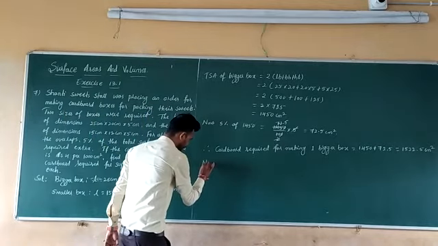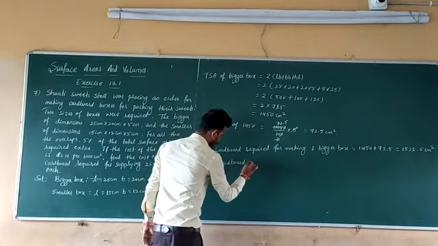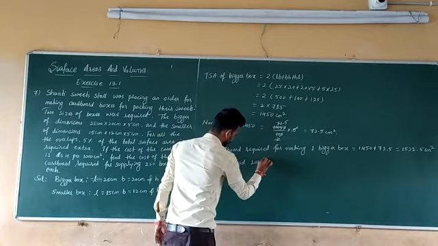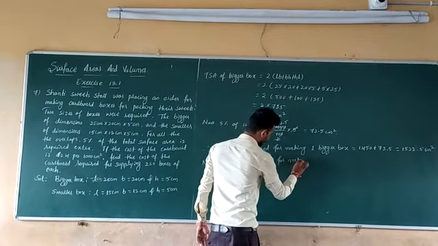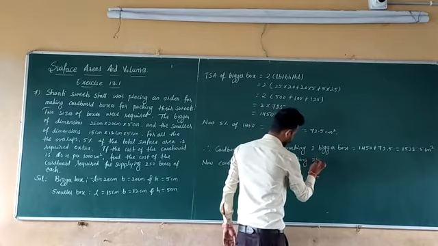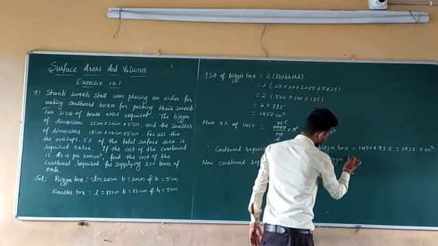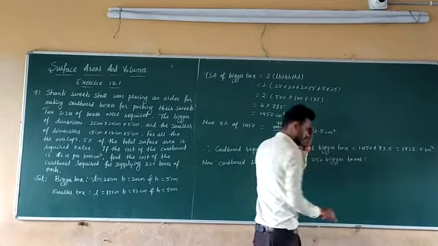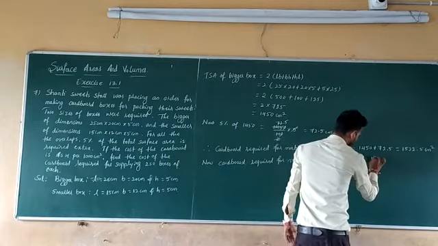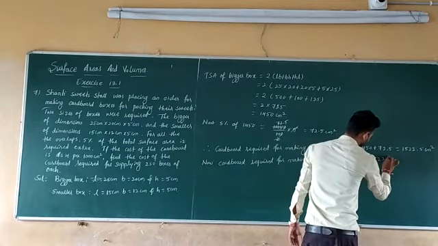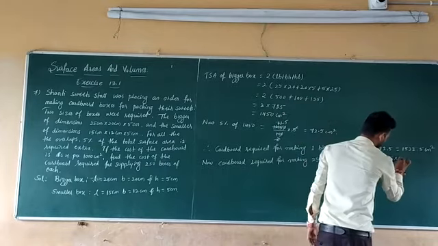Now, cardboard required for making 250 bigger boxes, which is equal to one box, how much? 1522.5, into how many boxes we need? 250.